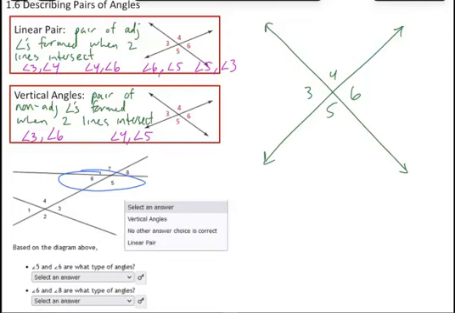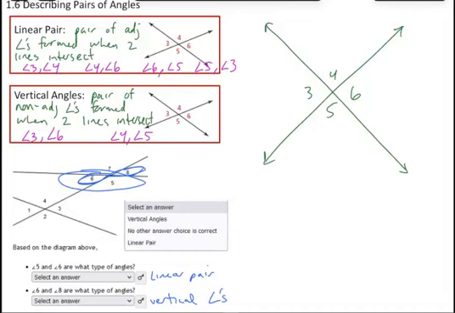They're adjacent, they're formed by intersecting lines, therefore they are a linear pair. Perfect. And then 6 and 8? 6 and 8 are vertical. So that's just recognizing what type of angle pairing you have.